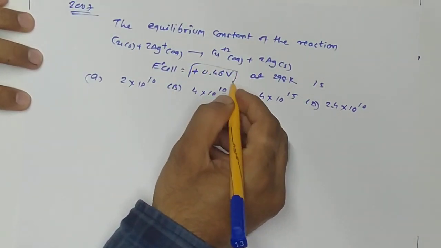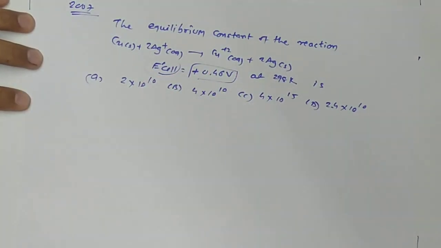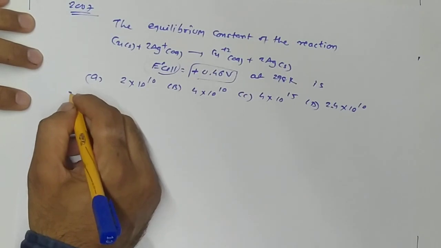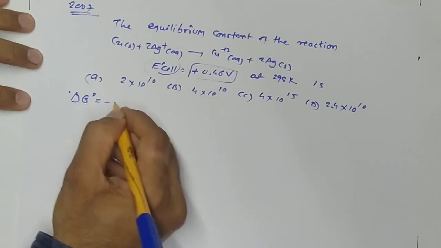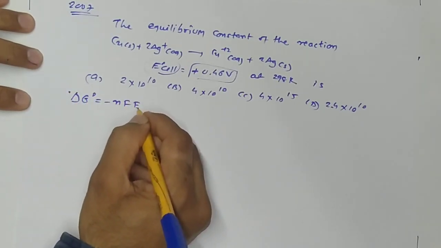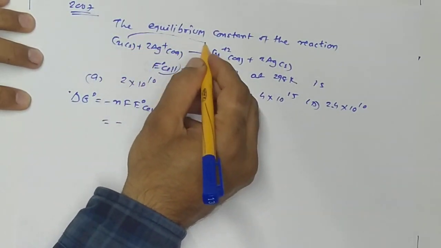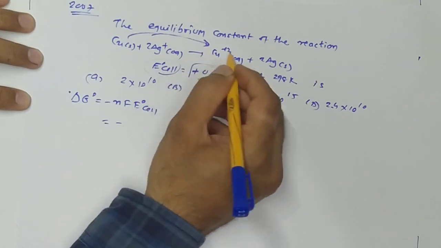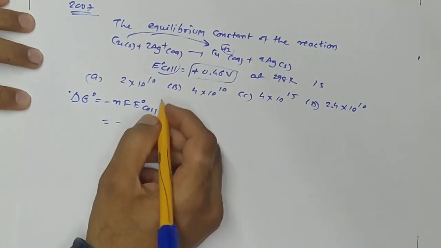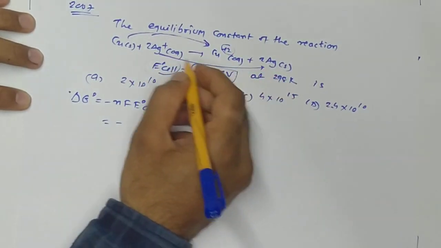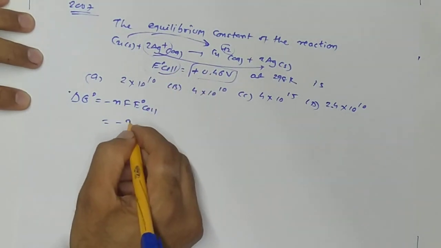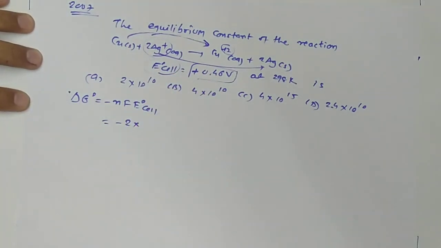Here E° cell 0.46 is given. So delta G° is equal to minus nFE° cell. Here n will be 2, why? Copper loses 2 electrons, one Ag+ gains 1 electron, 2 Ag+ gain 2. So the transfer of electrons in the reaction is 2.